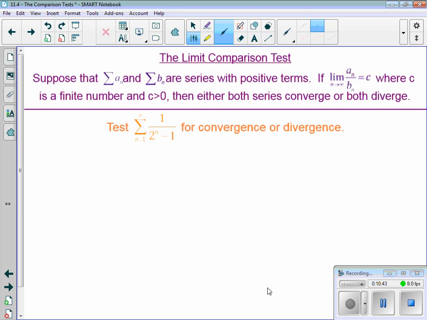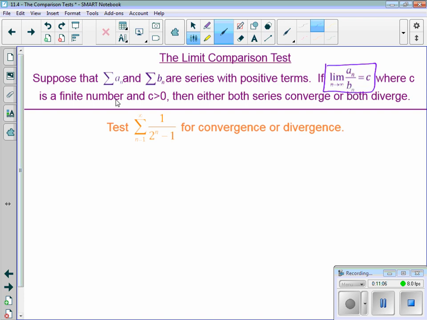Okay, so we're going to move to a limit comparison test. So we've got two series with positive terms. What we're going to end up doing is taking the limit as n goes to infinity of our a sub n, so the one that's given, over the one that we made up to compare it to. And we find what that limit goes to.